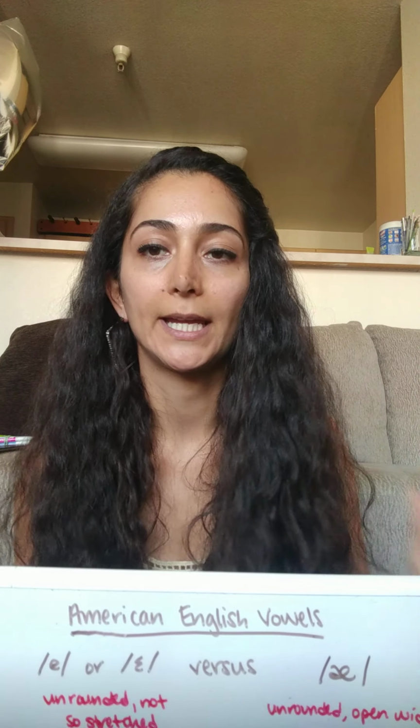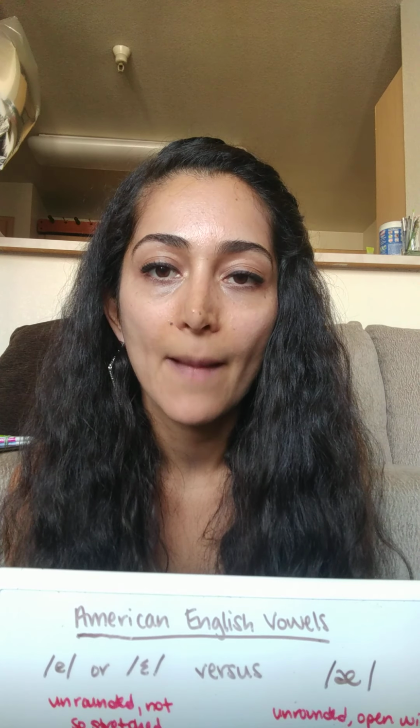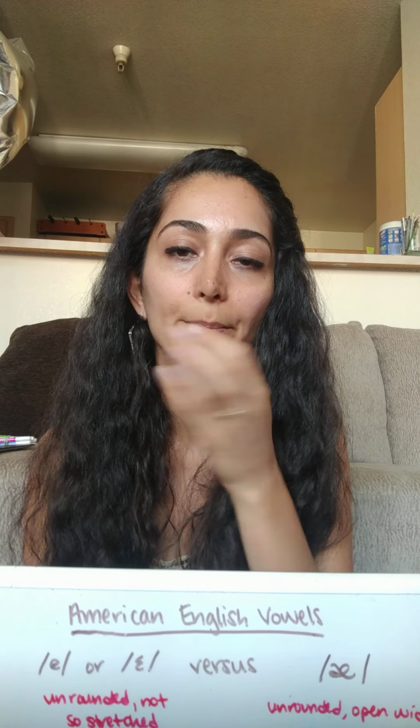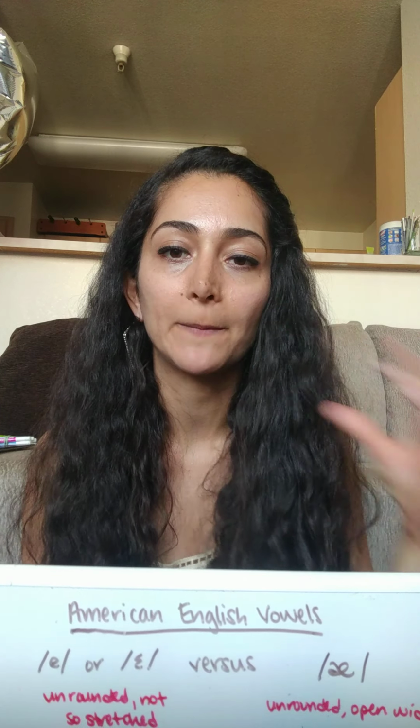So the first word again is bet. The second word is bat. So bet, bet, bat, bat. Okay, so you can see, first time corners go up, second time jaw is moving.